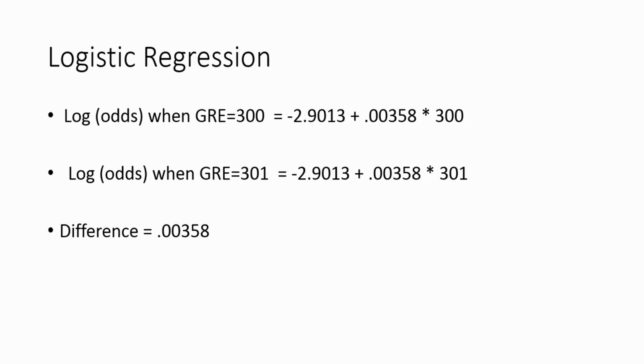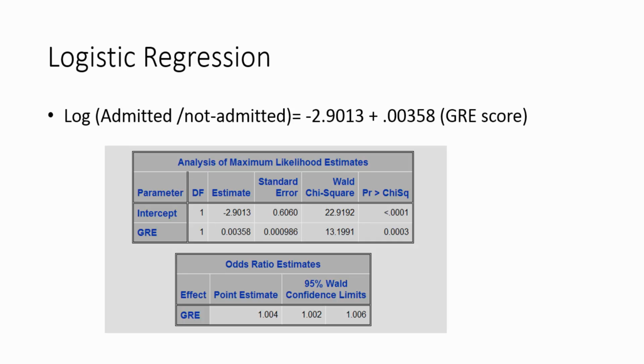Yes, it is. So what is 0.00358? This number is nothing but the slope coefficient of GRE. Okay, if you go back and see what is the estimate for GRE, it's the same number, 0.00358.